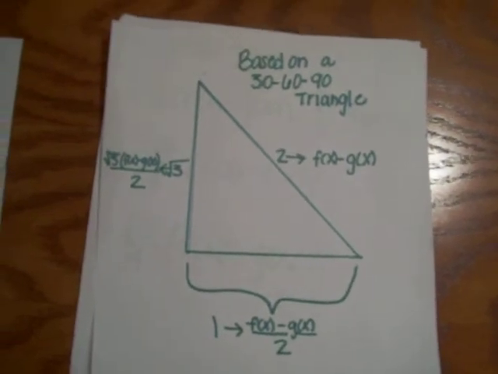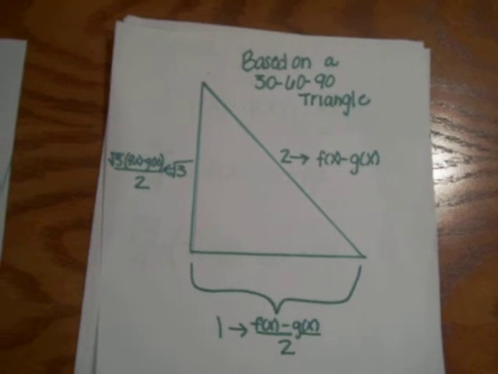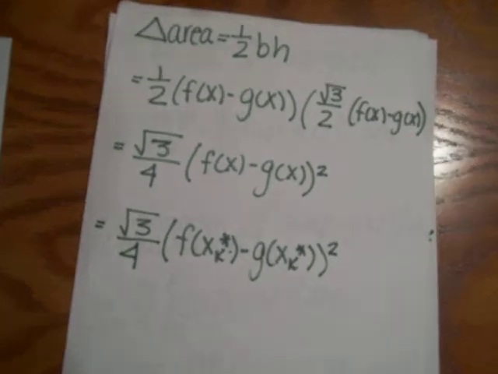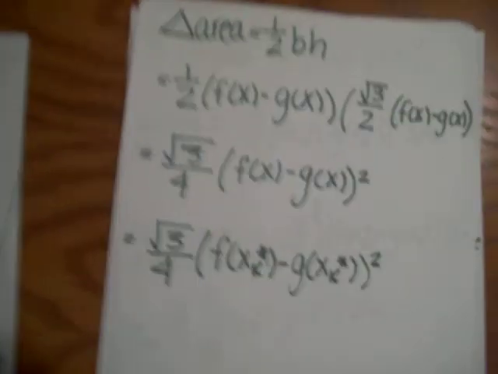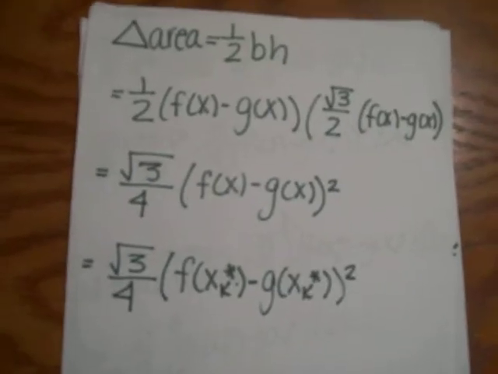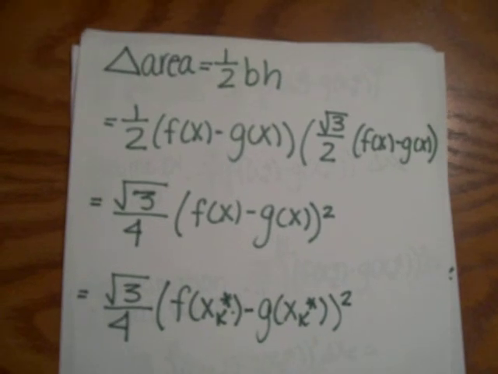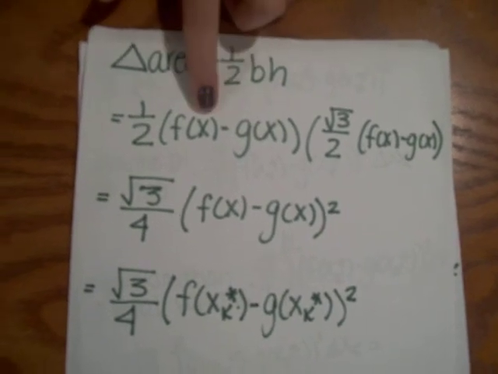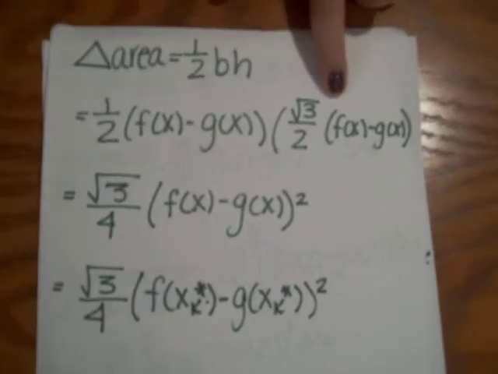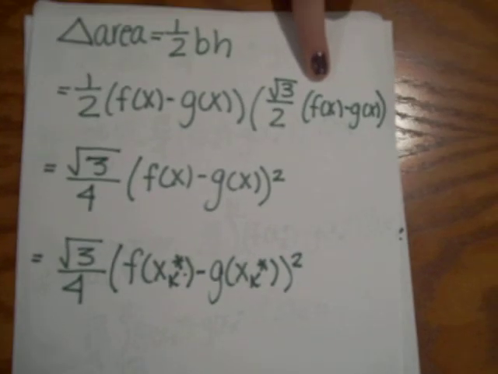Now to find the area of the face of the cross-section, we use the equation for the area of a triangle. Area equals 1/2 the base times the height. When we substitute the values we previously found into that equation, we form a new equation, 1/2 times the quantity f of x minus g of x times the quantity root 3 over 2 times f of x minus g of x.